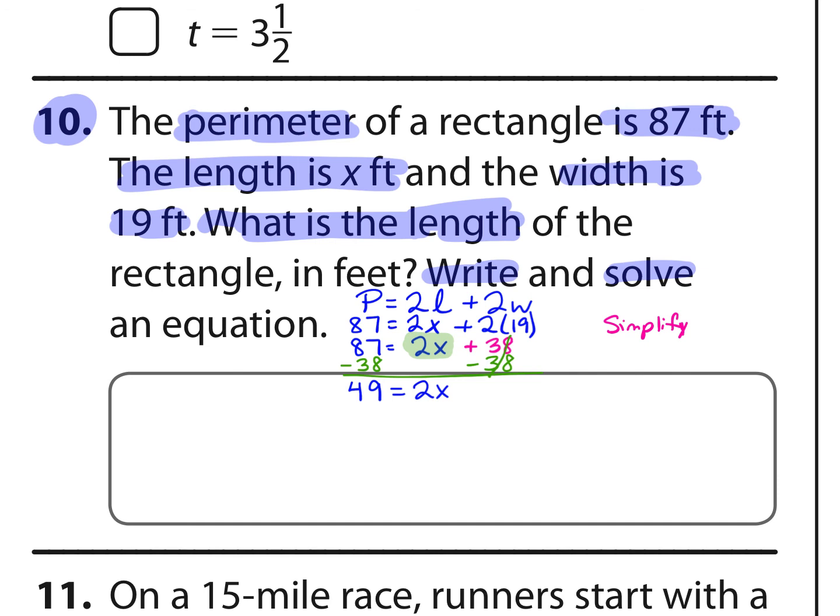Last, we want to find out what the actual length is, x. So we want to get rid of this 2 that's multiplied by x, and we undo that by dividing both sides by 2. 49 divided by 2 is 24.5. So the value of x is 24.5, which means that the length is 24.5 feet.